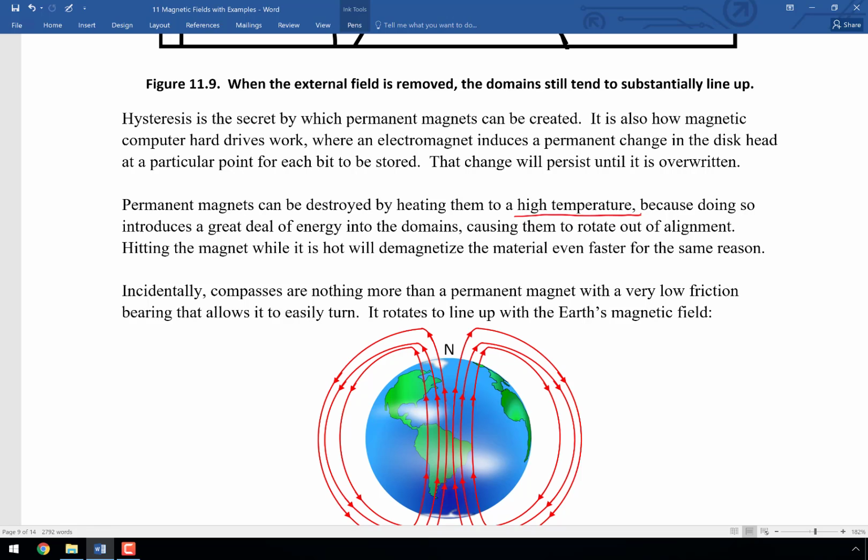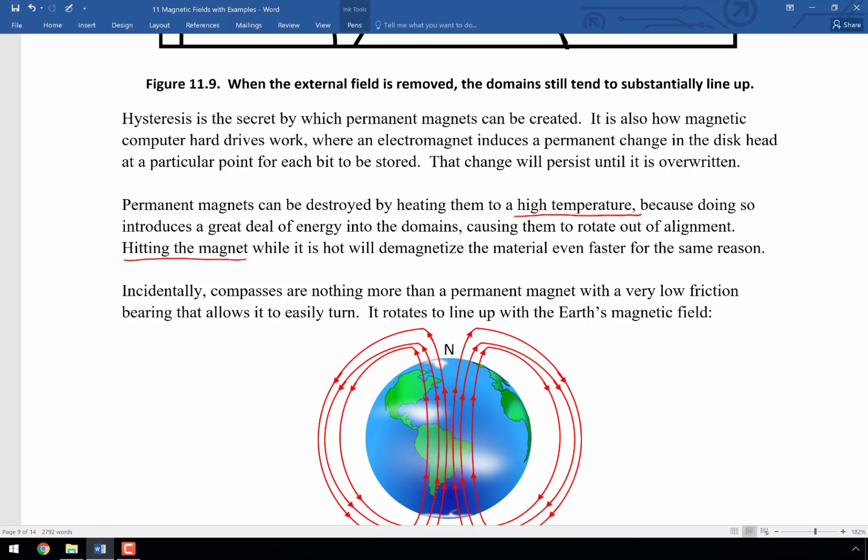Not only do you apply a strong magnetic field, but if you heat the material, then you allow it to more freely rotate to line up with the externally applied magnetic field. So heat can be a very good way to both create magnets and to destroy magnets. Also, if you hit the magnet while it's subjected to very high temperatures, you can also demagnetize or magnetize the material as well.